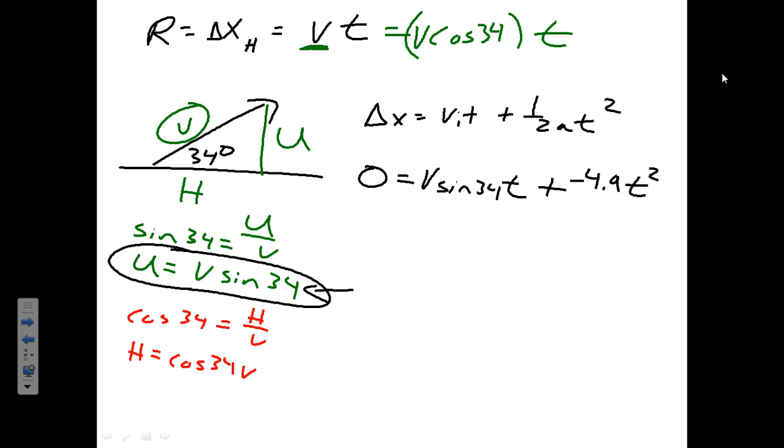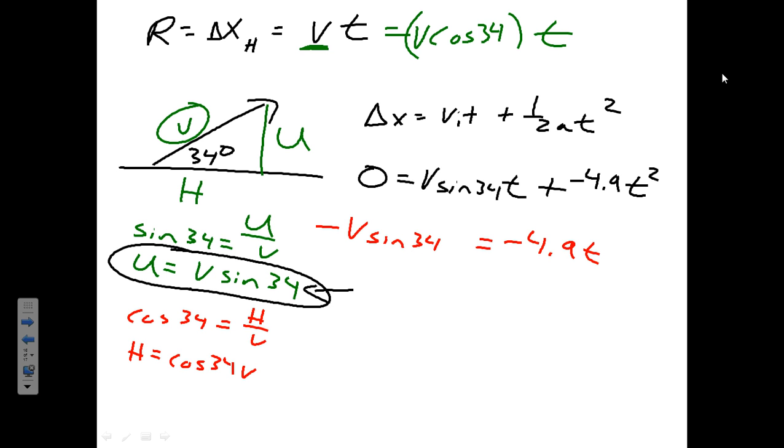I'm going to subtract the V sine 34t from both sides. We'll go ahead and divide both sides by t to get rid of that. So you got t's on both sides. So if I divide both sides by t, this goes away.